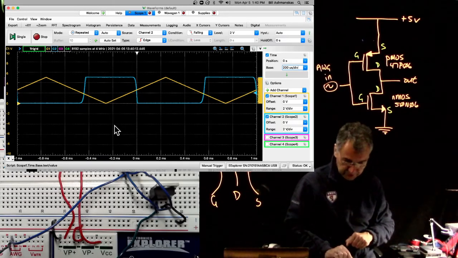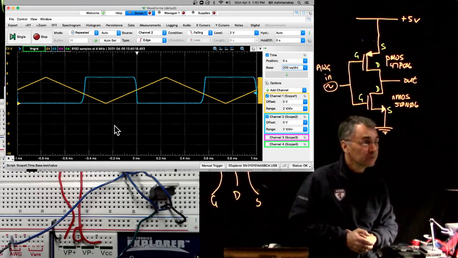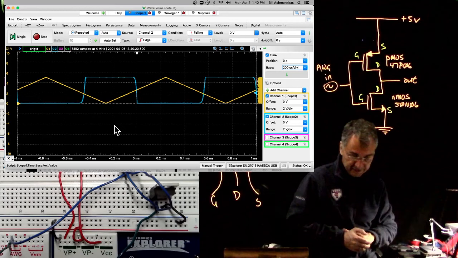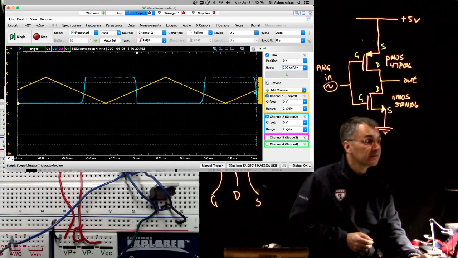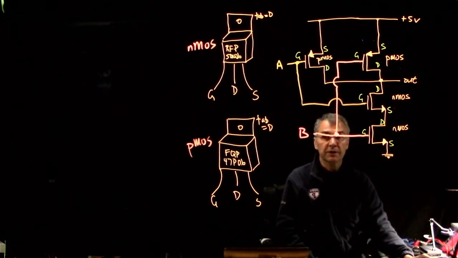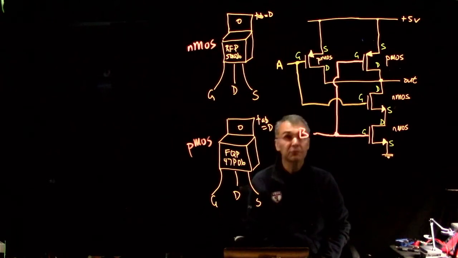Meanwhile, we're going to go on to part 3.3, which is to make a NAND gate. Cool. So we're going to add another pair of MOSFETs. So we'll have 2 PMOSs and 2 NMOSs, and we will make a CMOS NAND gate in just a moment. Okay, here is part 3.3 of lab 21.